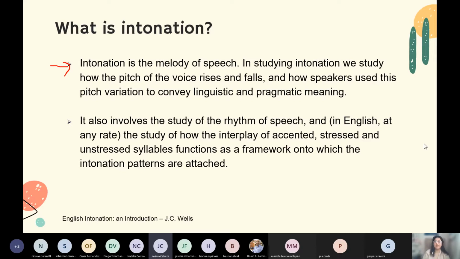In the second one, it rises. And how speakers use this to convey. The word convey is in Spanish transmitir, if I'm not mistaken. And they use this to basically deliver different meanings.